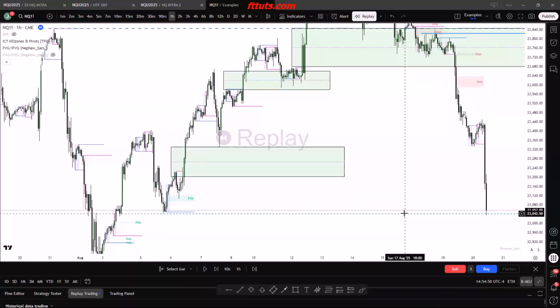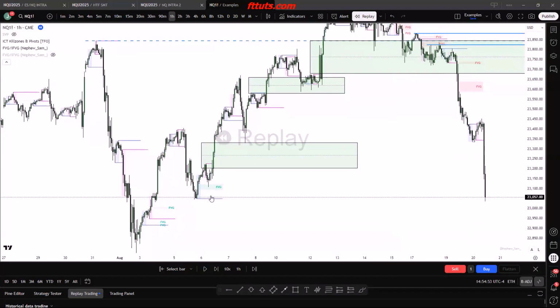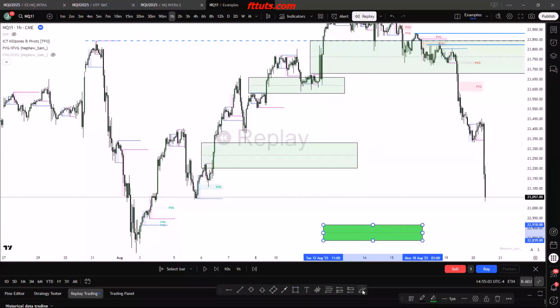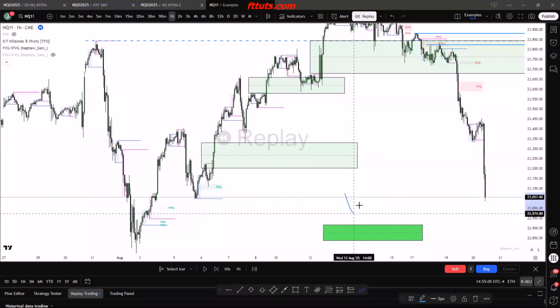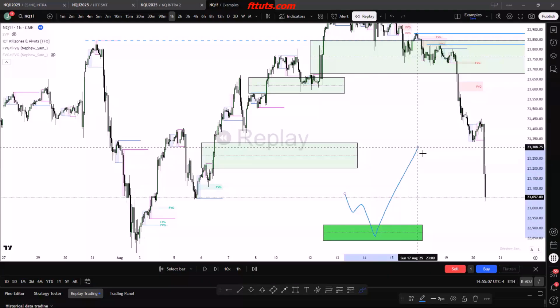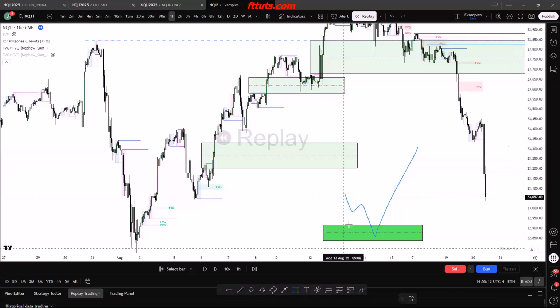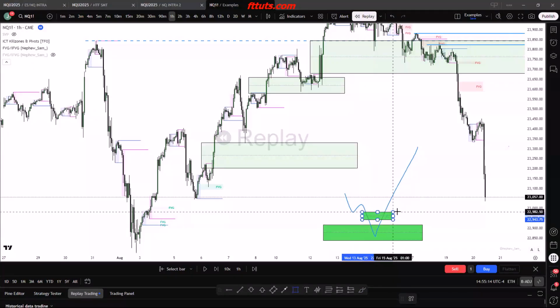Now, how do you know not to take a long and a reversal at these levels? Well, we have buy models and price action that we need to see first, right? And everybody knows what that is. We have to deliver from a higher time frame fair value gap. Okay, we have to have a fair value gap into that area.